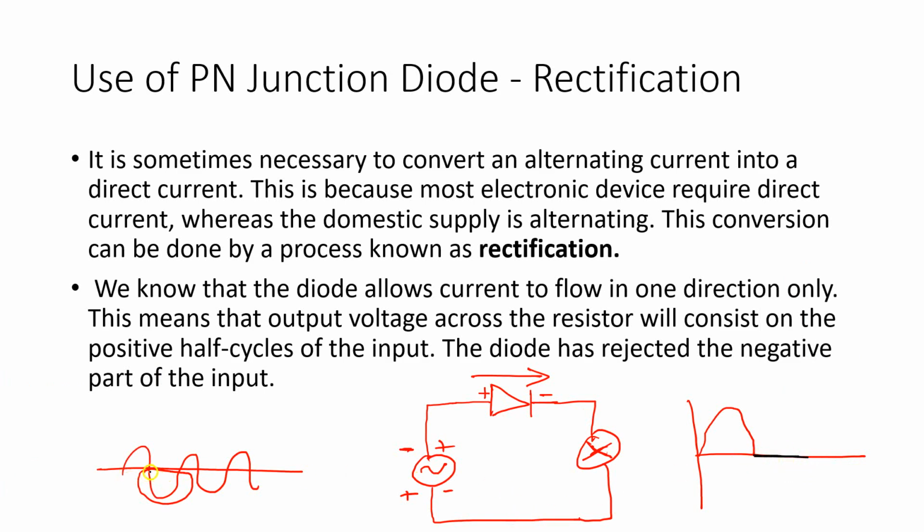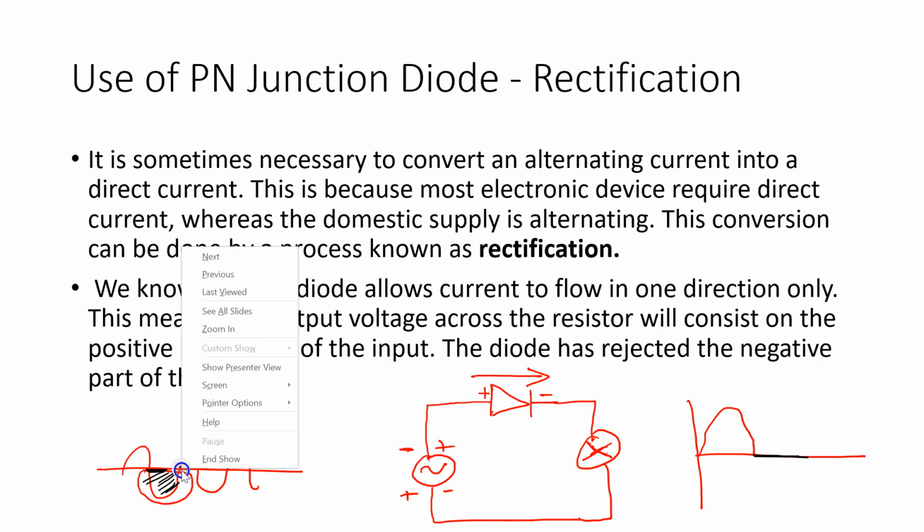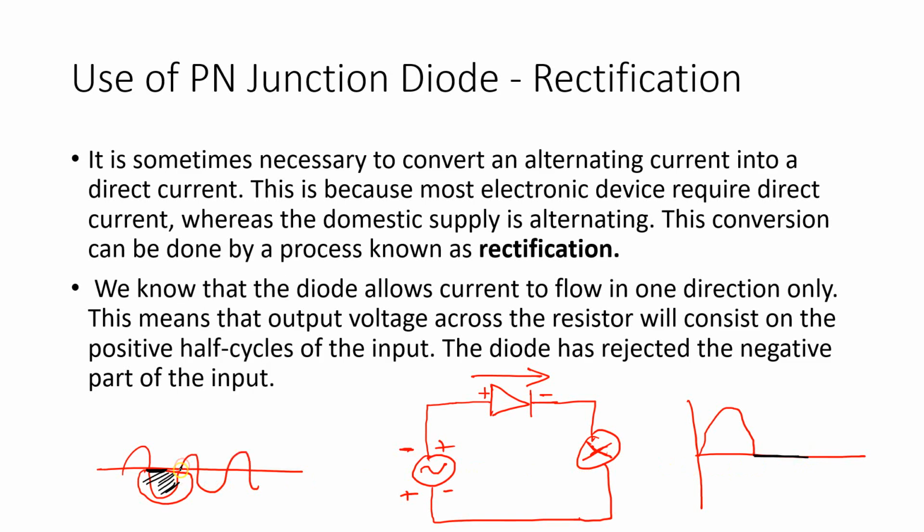So this portion right here is no longer there, because the diode does not allow that negative portion to flow through it. You understand? So it cuts off that point. There's no current flowing because the diode is in reverse bias. But as soon as the alternating current reaches the positive portion again, it's now going to allow the diode to work.